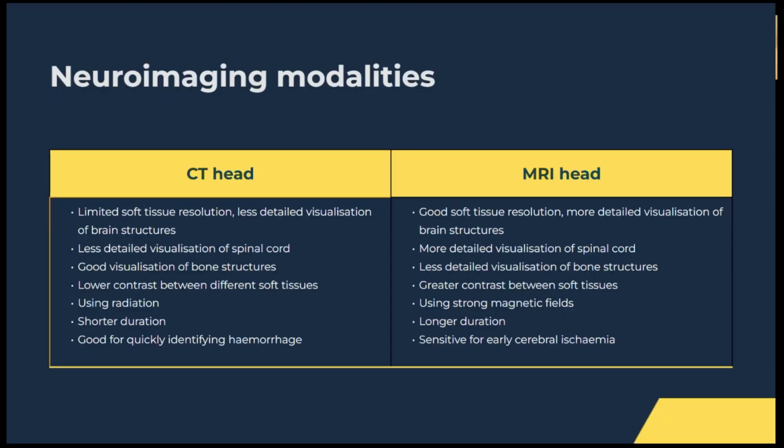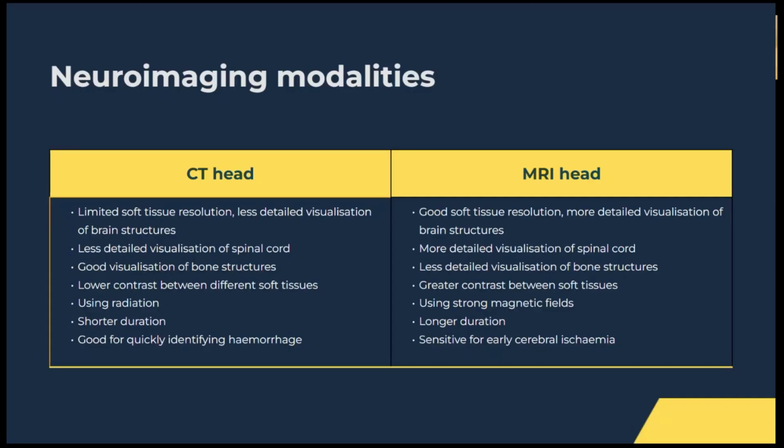The way they work is different as well. CT uses radiation, so it's like taking multiple X-rays in a given plane and then adding them together, versus the MRI, which uses magnetic fields. You can manipulate the magnetic fields a bit differently to get a different image out of the MRI.